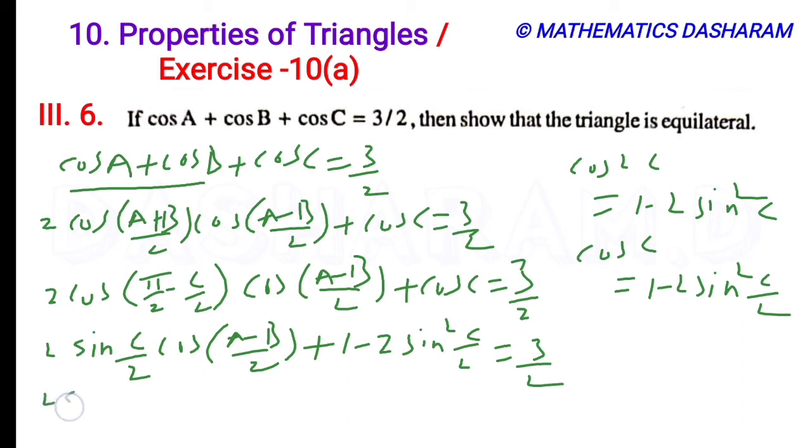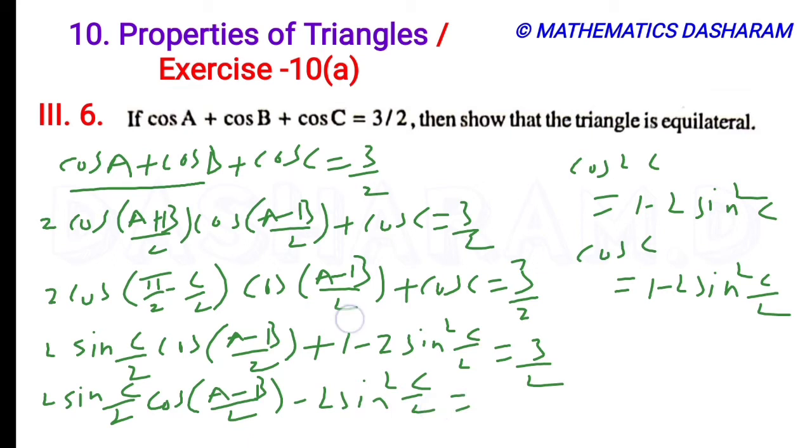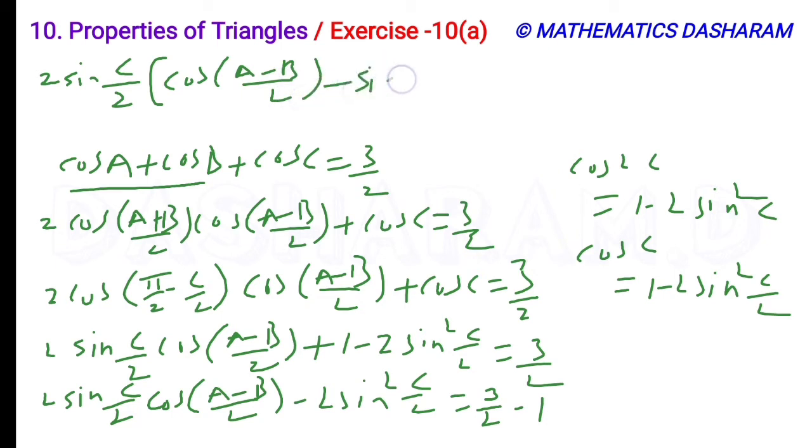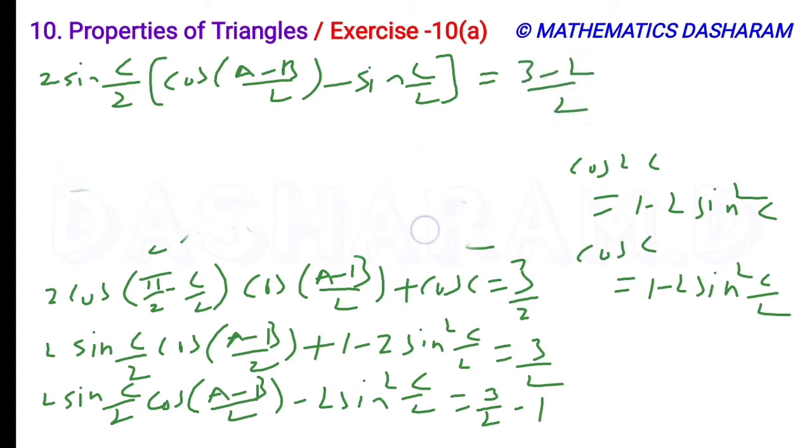Now it is equal to 2 sin C/2 into cos (A minus B)/2 minus 2 sin square C/2, and this 1 is transposed to the RHS, so 3/2 minus 1. Now here we can take 2 sin C/2 common, so then cos (A minus B)/2 minus sin C/2 equals (3 minus 2)/2.